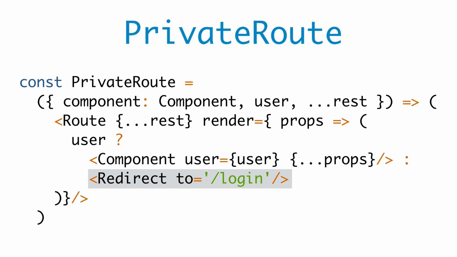Otherwise, it will redirect to the login page. And that's pretty much a very simple component that we can use to create private or protected routes whenever we want to. That said, don't be too intimidated by it. I actually just stole that source code from the React Router v4 website, which is an excellent website that I highly recommend you check out. I'll show you the URL in a sec.